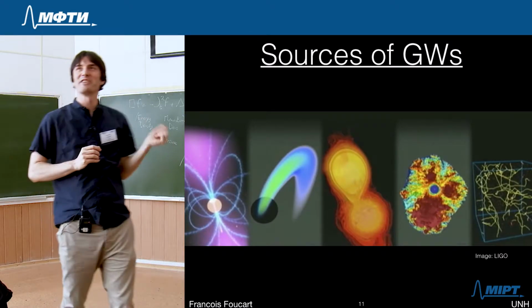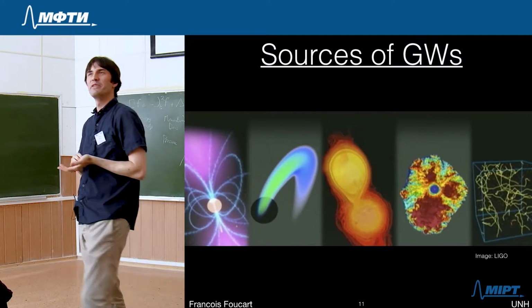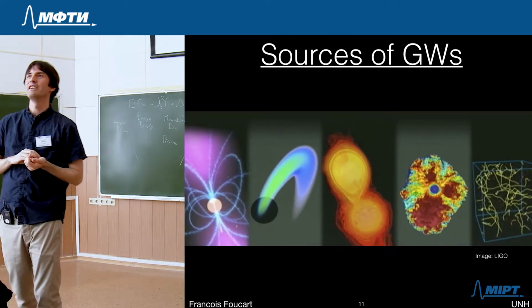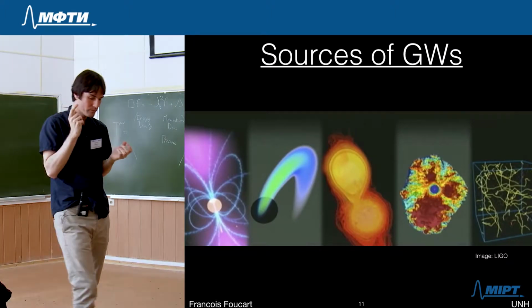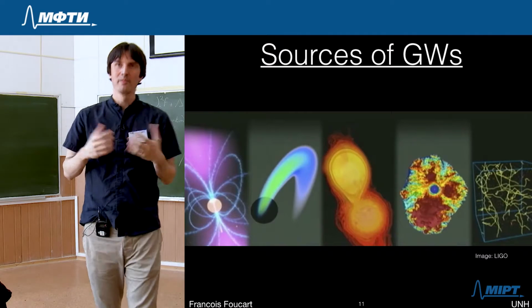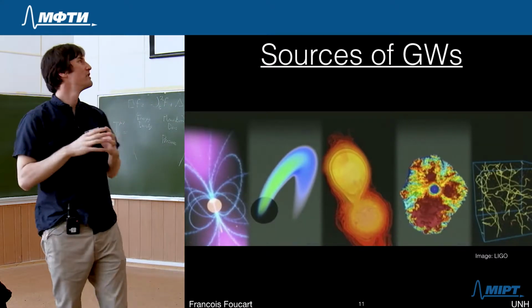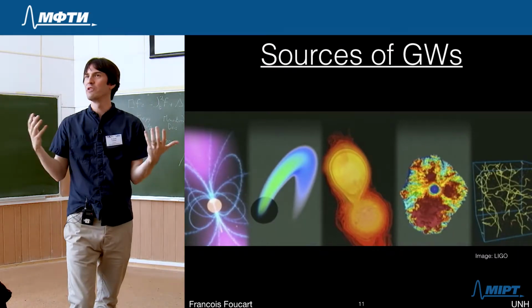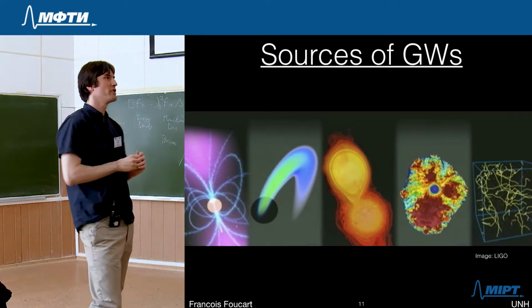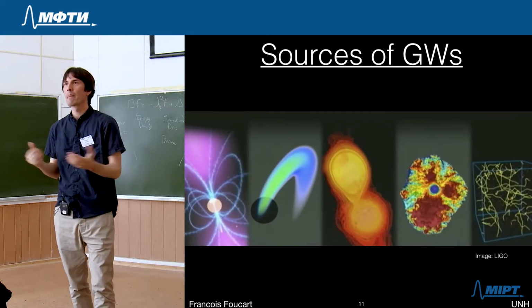The object represented on the left here is interesting if we ever get to actually see it. It's a rotating neutron star. Now, a rotating neutron star, if it's perfectly axis symmetric, is not going to be a source of gravitational waves. It does not have a time-varying quadrupole.